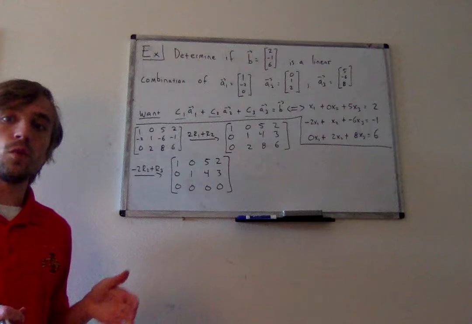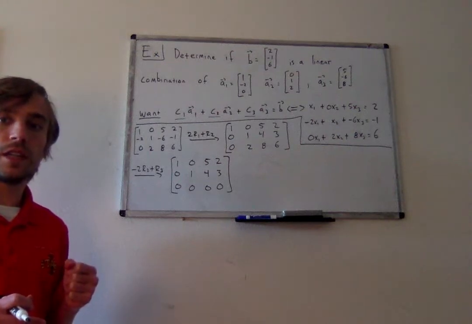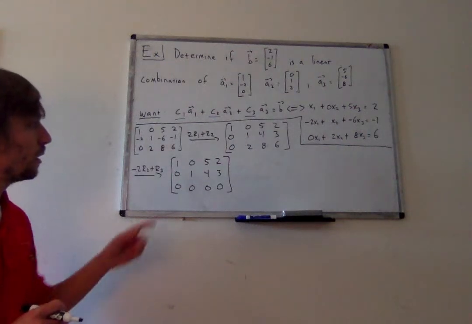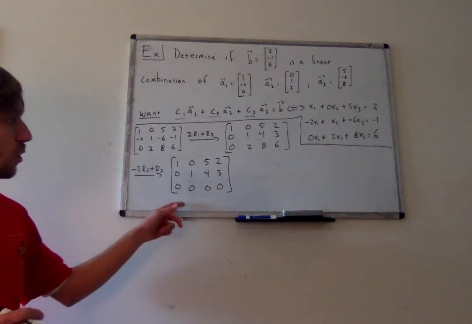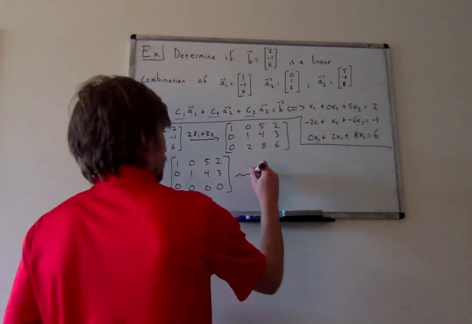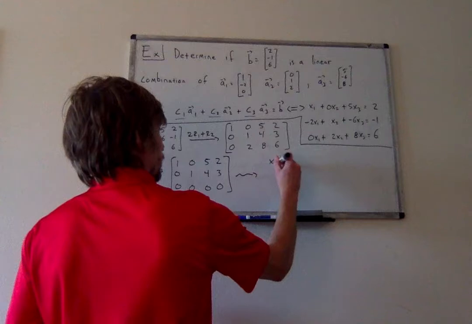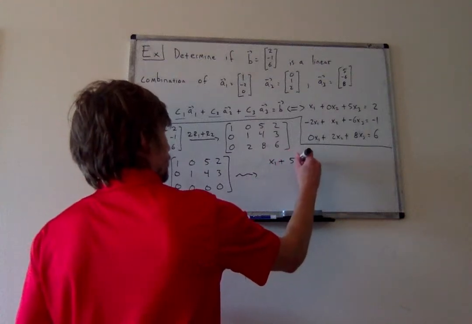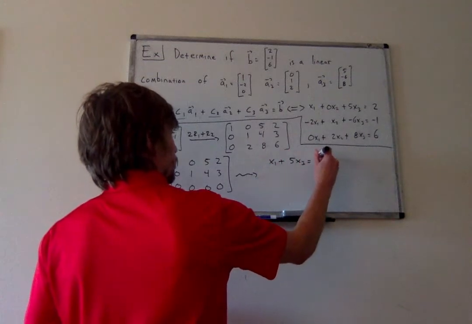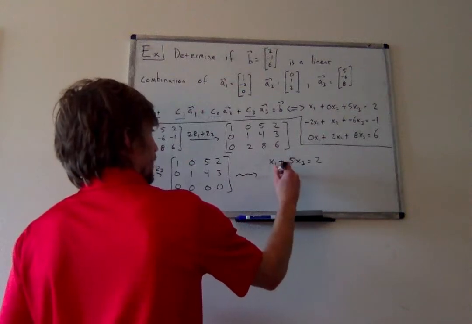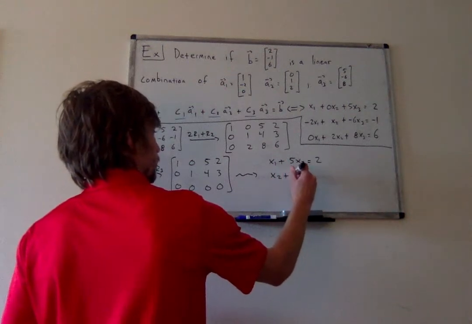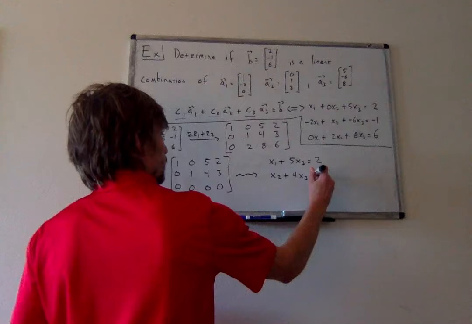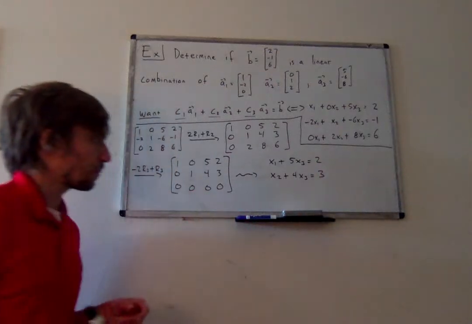And all of the leading 1s are by themselves in the column along with other 0s. So remember, this corresponds to the system of equations x1 plus 5x3 is equal to 2, and x2 plus 4x3 is equal to 3. Right?